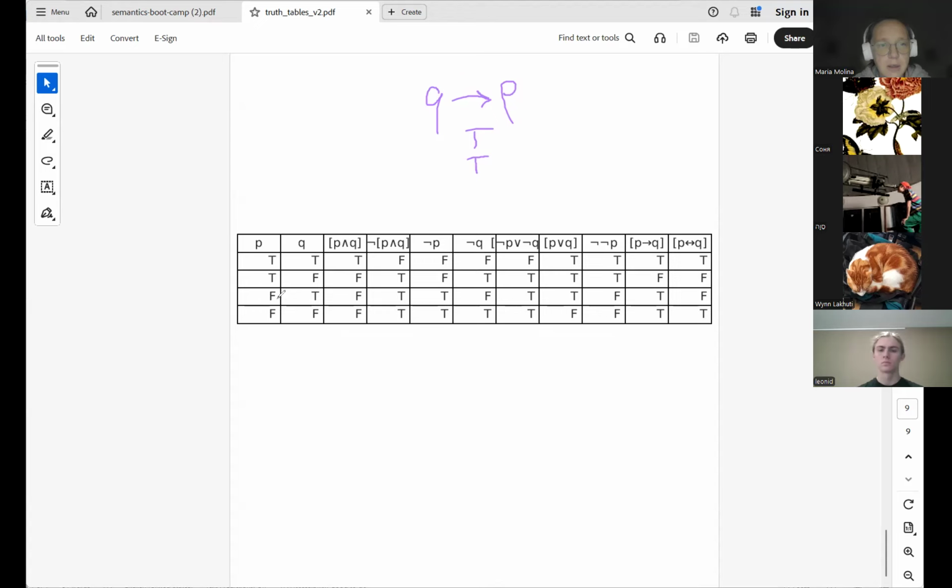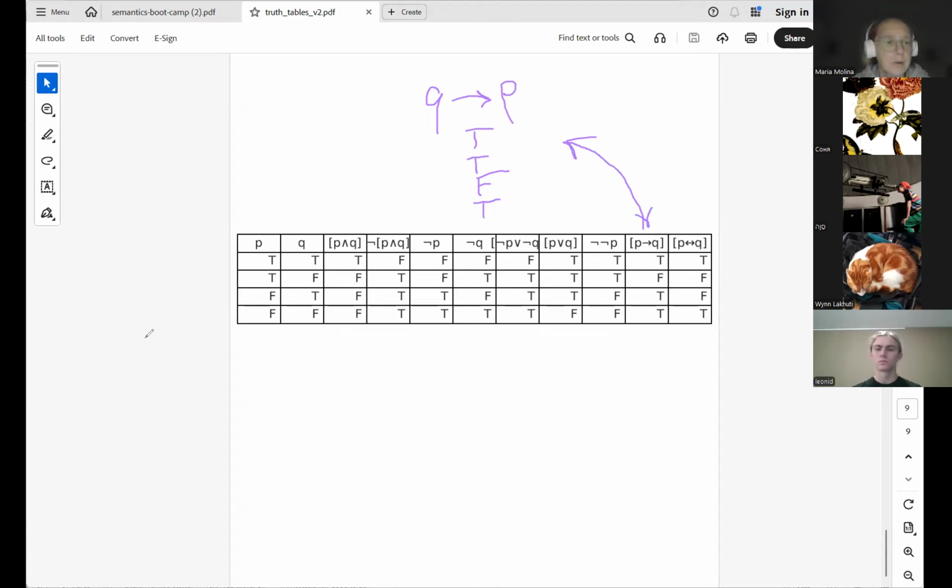If P is false and Q is true, what do we get? False. And false, false, what do we get? True, perfect. Now, compare it with P to Q. Not the same.